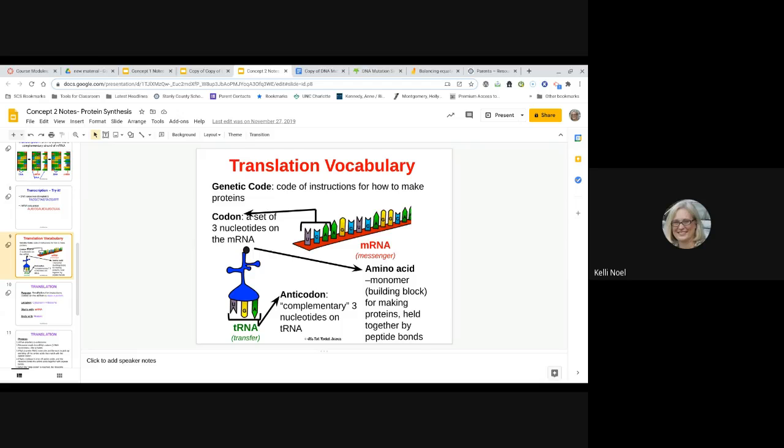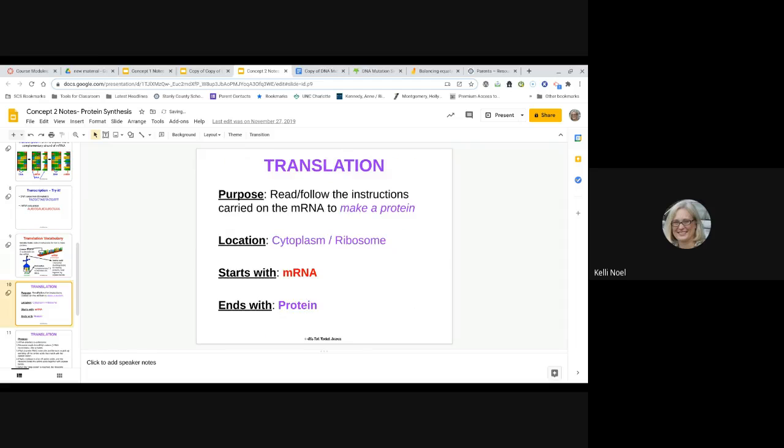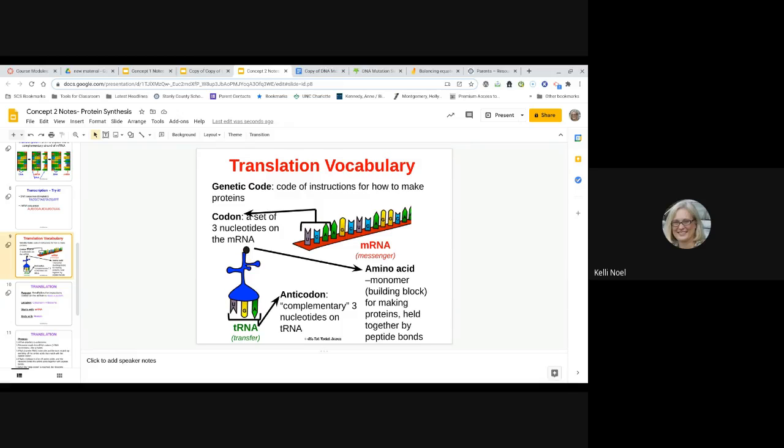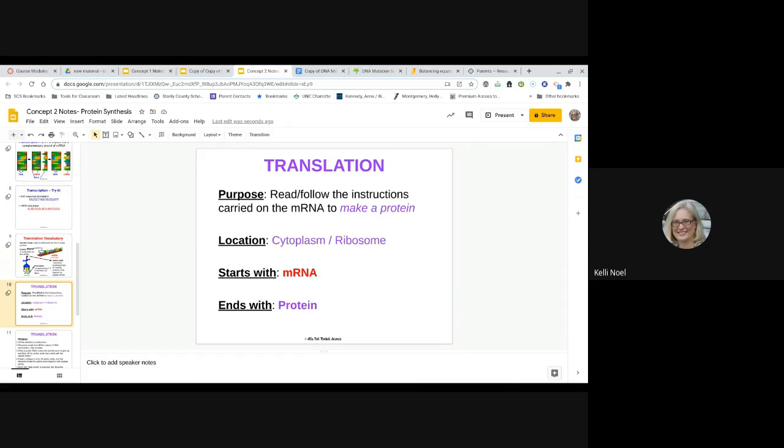So the purpose of translation is to read or follow the instructions on the messenger RNA to make a protein. This happens in the cytoplasm at a ribosome.